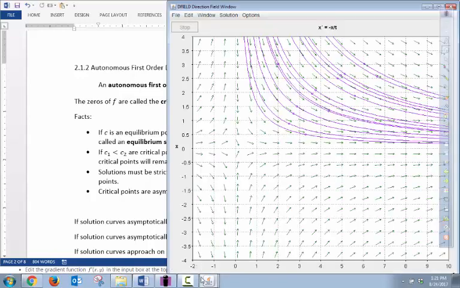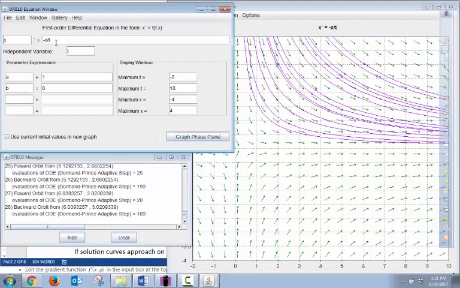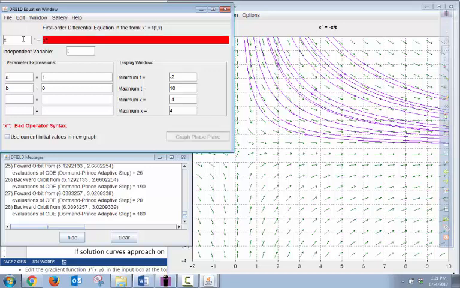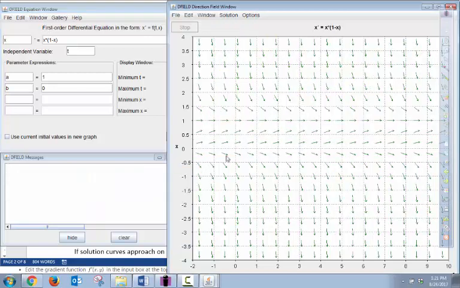Let's use the Java applet. So my variable is m, and the differential equation was m times 1 minus m, is that right? All right, let's graph it.